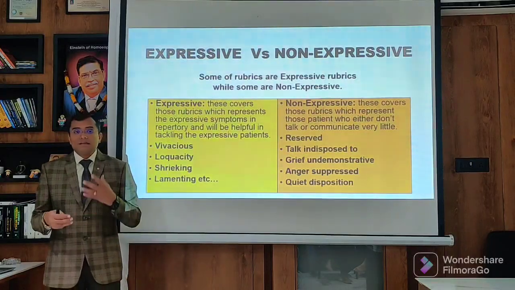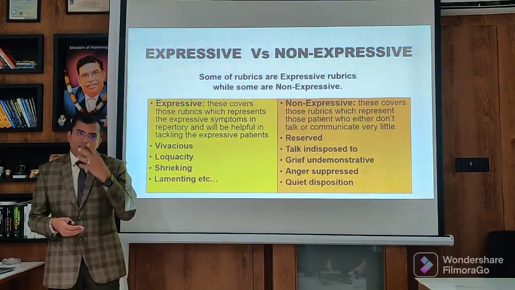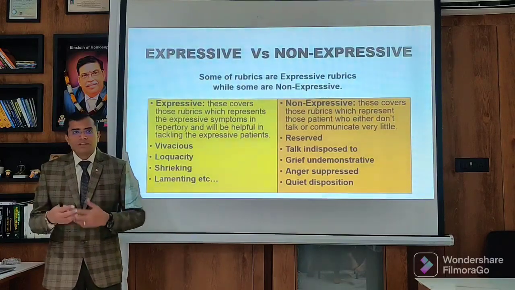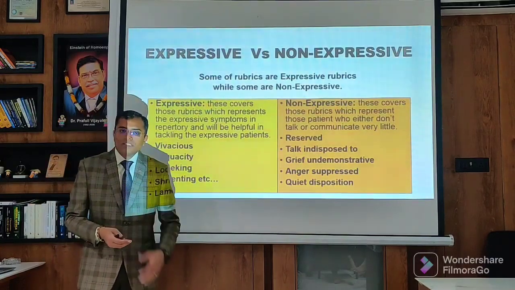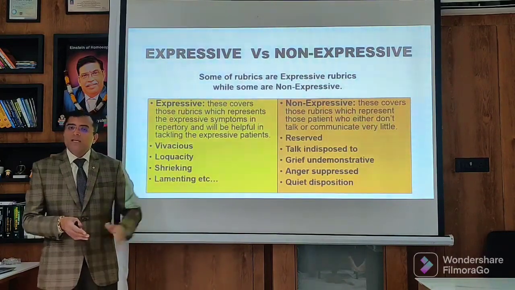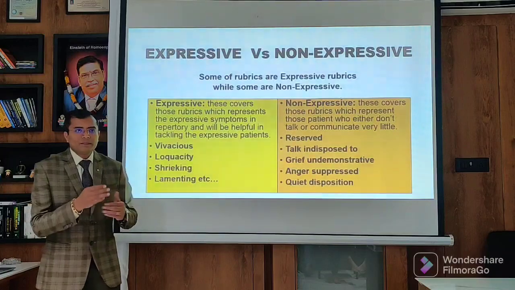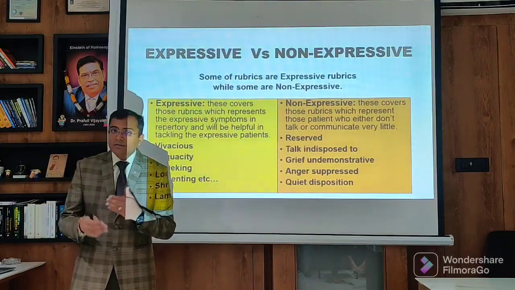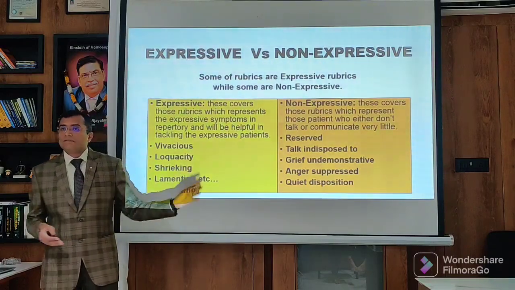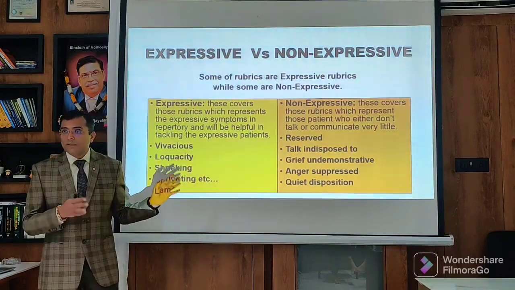So these are expressions you can also see on the face. Expression you can see in the gestures. Expression you can see in the act. So these are the expressive kind of rubrics. Okay. There are many, but these are a few examples which I am elaborating. But when we read the repertory, then we can understand all gestures are expressive kind of personality, expressive rubrics.